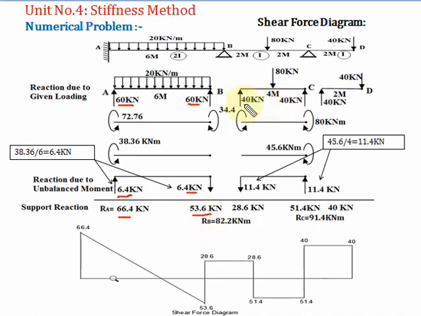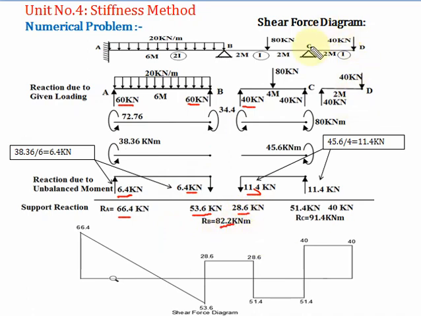Now reaction at support B for member BC, here it is upward 40, here it is downward. So 40 minus 11.4, the value is what? 28.6. One is upward, another is downward. Okay, now addition of these two, these both reactions are upward. 53.6 plus 28.6, the value is 82.2.